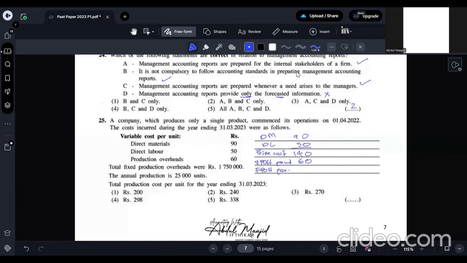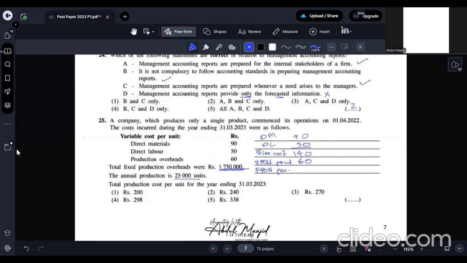Total fixed production overhead is given as 1,750,000.